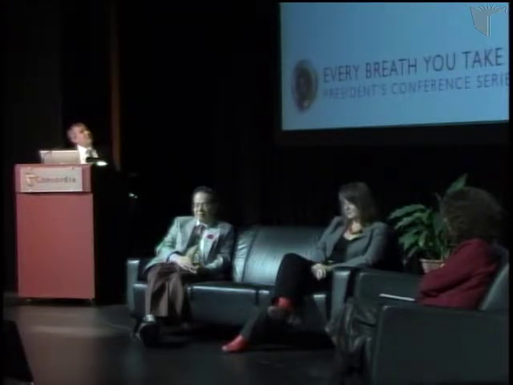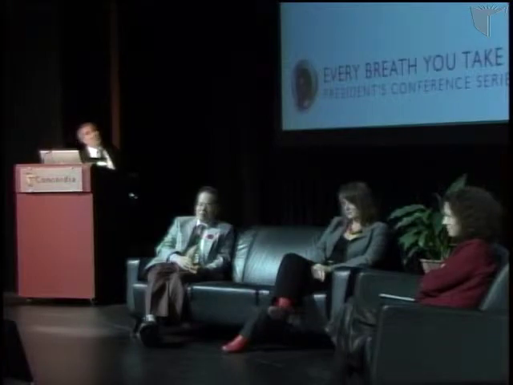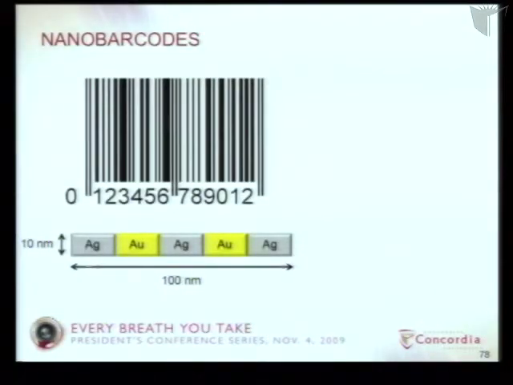Now, let's look at some of the things which we can do at the nanoscale from the point of view of security. The nanobarcodes. On top, you'll see the barcodes which are presently used. Another type of barcode which one can imagine at the nanoscale is by taking silver and gold at the nanoscale and being able to put a code, for example, in this case of silver, gold, and silver, and then being able to detect this pattern by simply using optical spectroscopy.